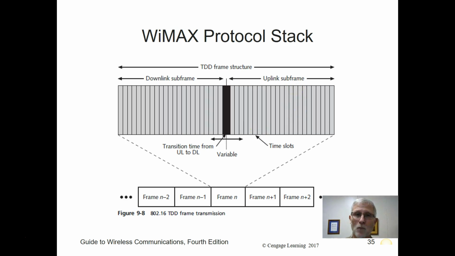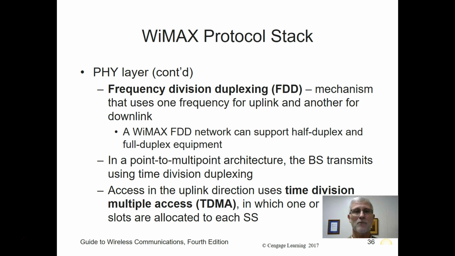So I'm taking one whole frame structure and splitting it in half, some for the uplink, some for the downlink, and dividing each one into a particular time slot when they can transmit.